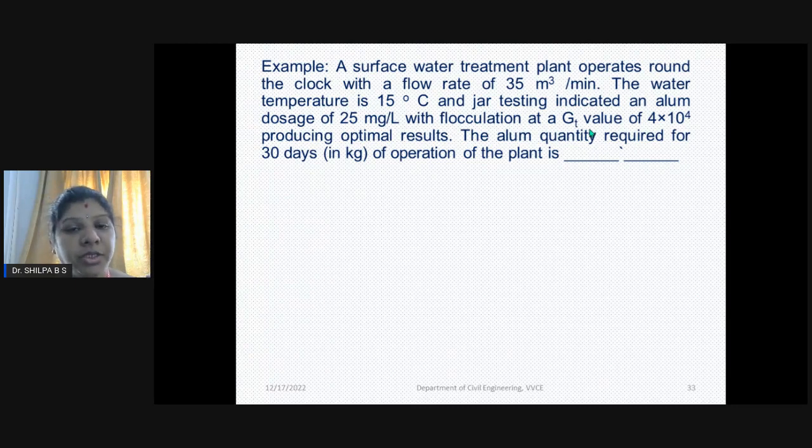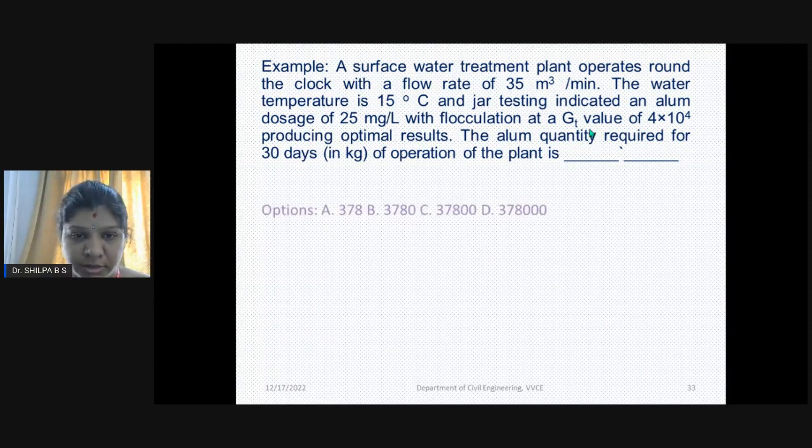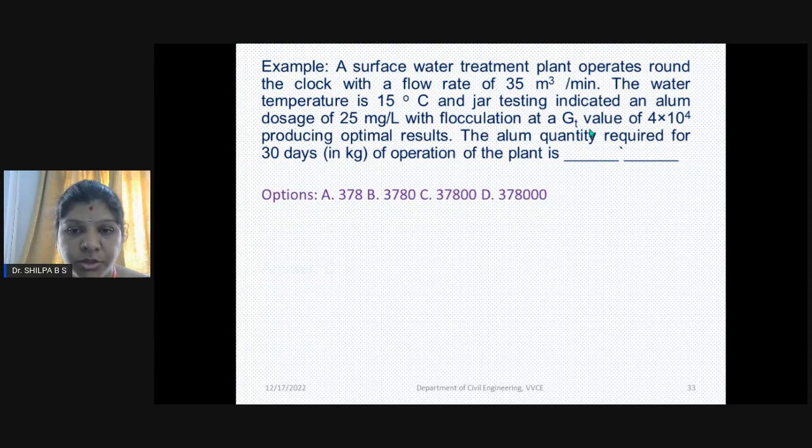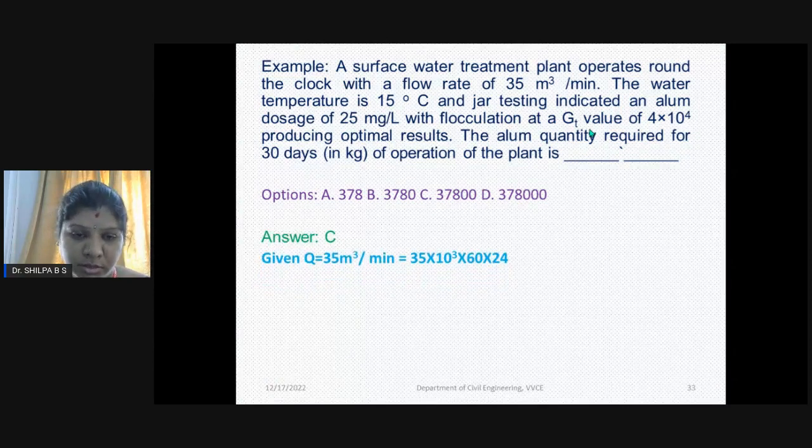The water temperature is 15 degrees, and the jar test indicated that the alum dosage required is 25 milligram per liter, with flocculation at a GT value of 4 into 10 to the power of 4, which produces optimum results. We need to calculate the alum quantity required for 30 days. These are the options. So the answer is C. How did we get it? Let us see.